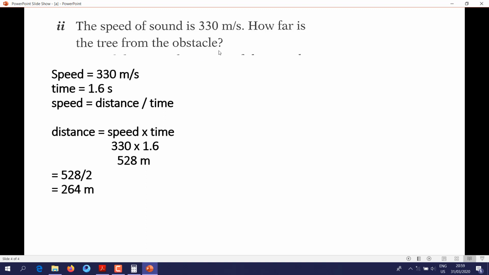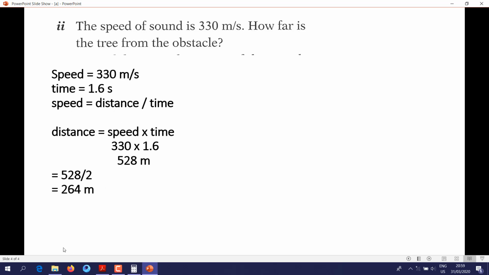Now it says, how far is the tree from the wall? Some information is given. They said the speed of sound is 330 meters per second, and he heard the echo after 1.6 seconds. Now, what do we need to find? We need to find the distance.